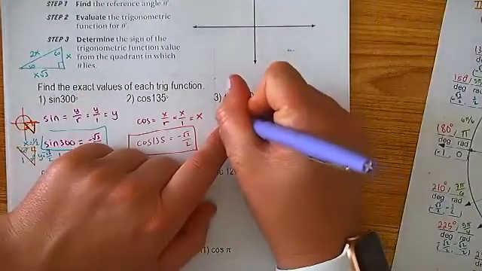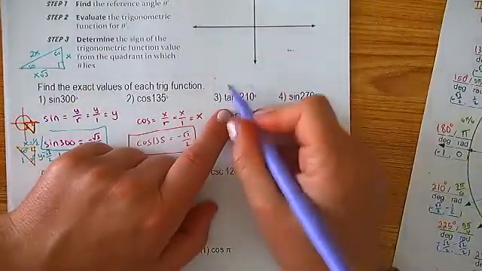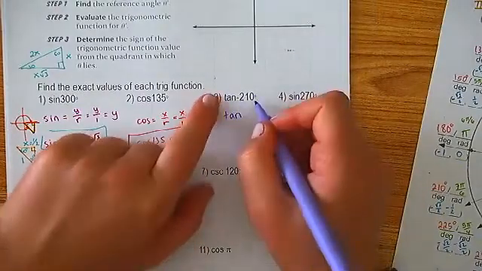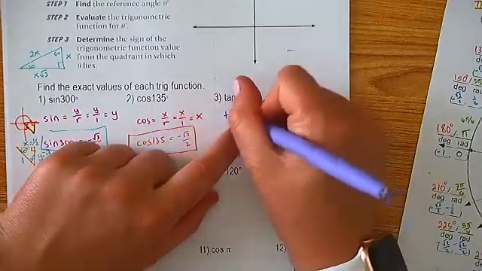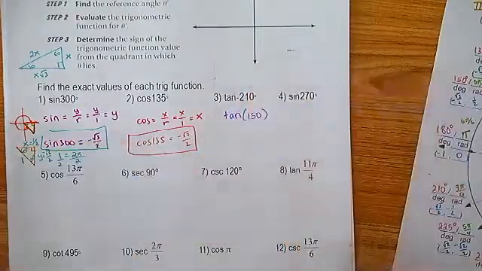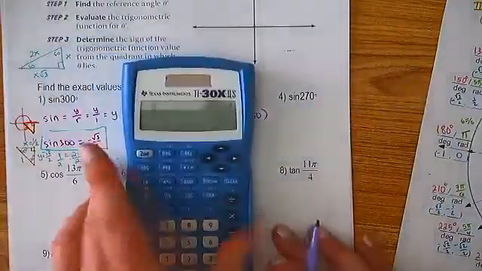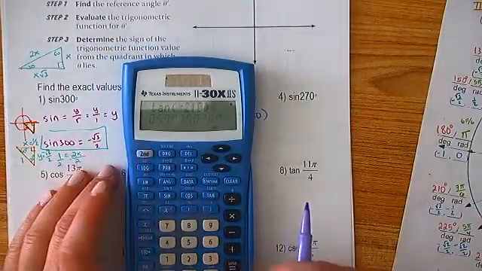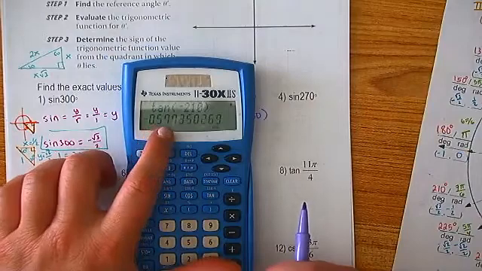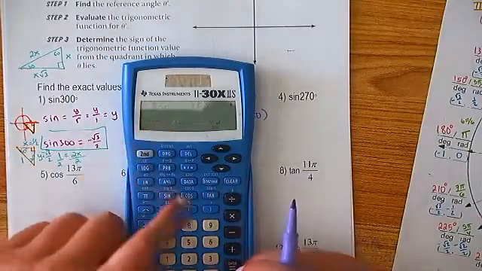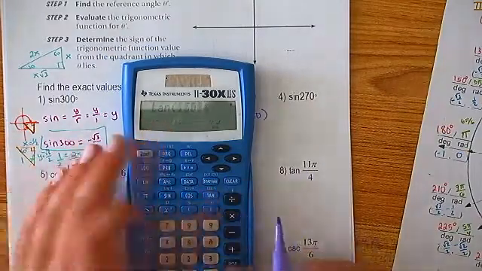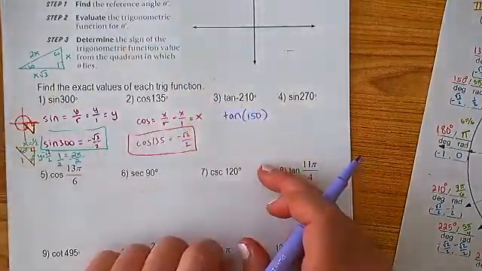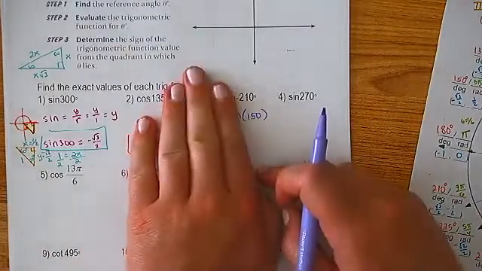Okay. So in terms of the unit circle, tan of negative 210 is the exact same thing as taking tan of 150, which, I mean, we can even calculate it. So tan of negative 210 is negative 0.58. And then tan of positive 150, same thing, okay? So on the unit circle, of course, these 2 degrees are not equivalent.